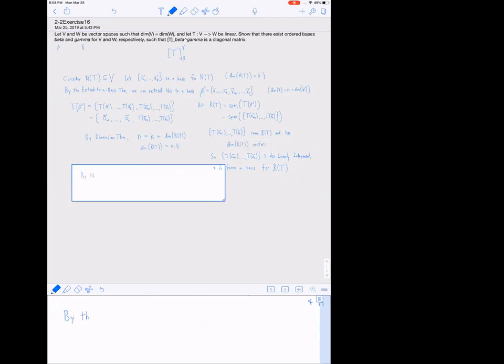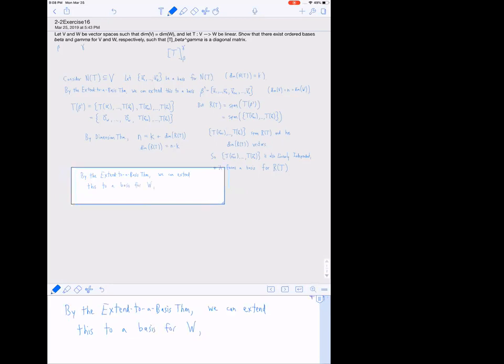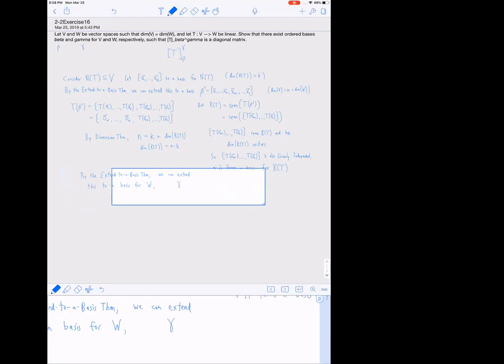by the extend to a basis theorem. We can extend this to a basis for W. Let's call this gamma.